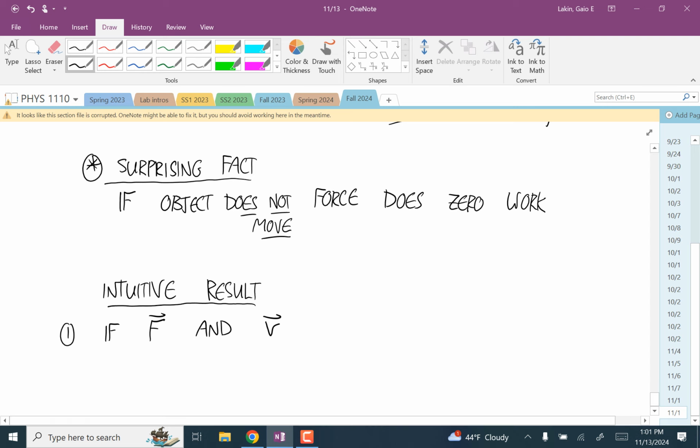If the force vector and the velocity vector are within 90 degrees of each other, so if they're roughly in the same direction, then the work is positive.